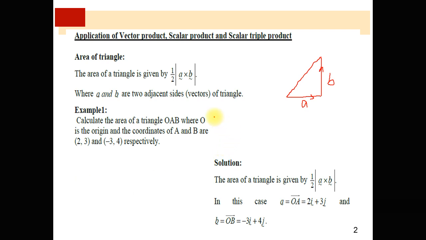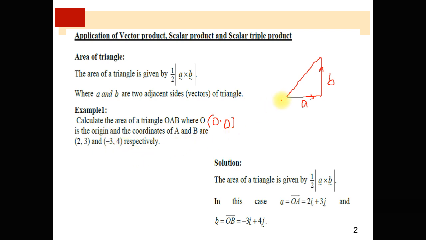You see over here, this is the origin, and it has the coordinates 0 and 0. These are the coordinates of vertex O. The coordinates of the point A are 2, 3. The coordinates of the point B are -3, 4.